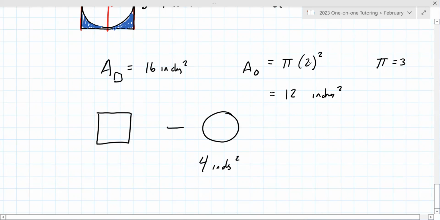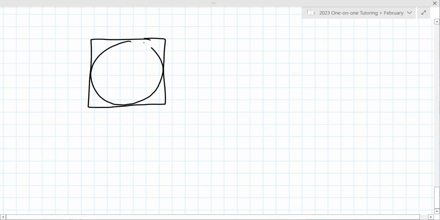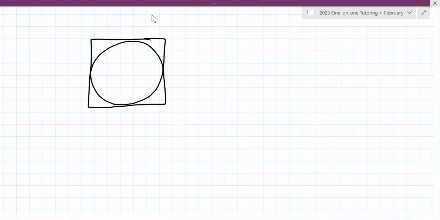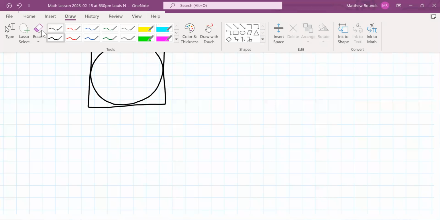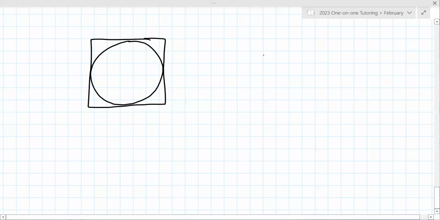Okay. So now a new problem for you to try. Let's say the square has a perimeter of 24 meters.